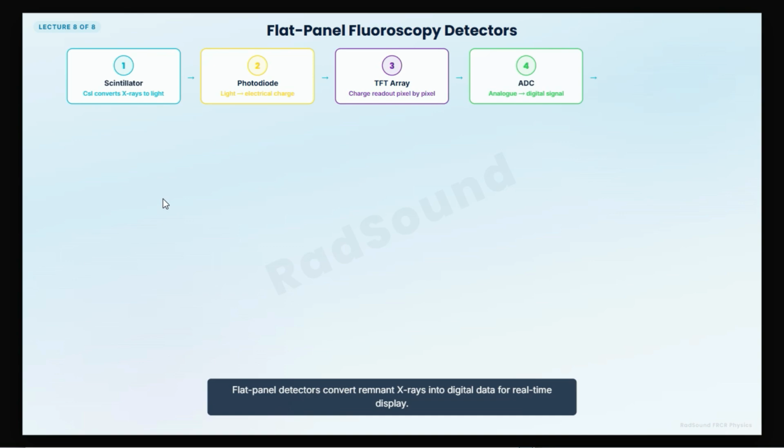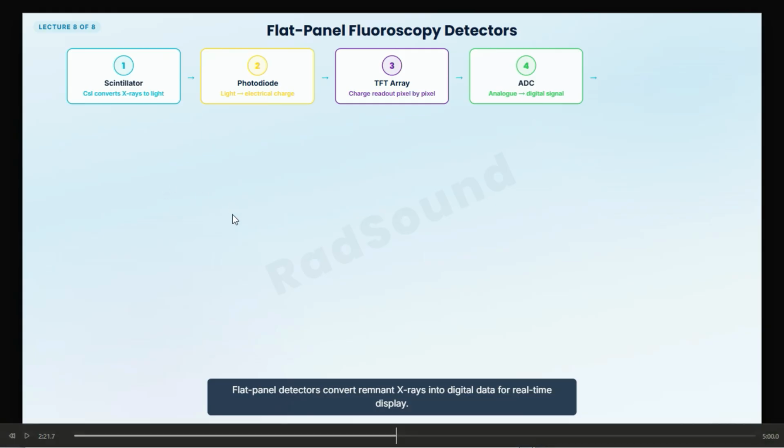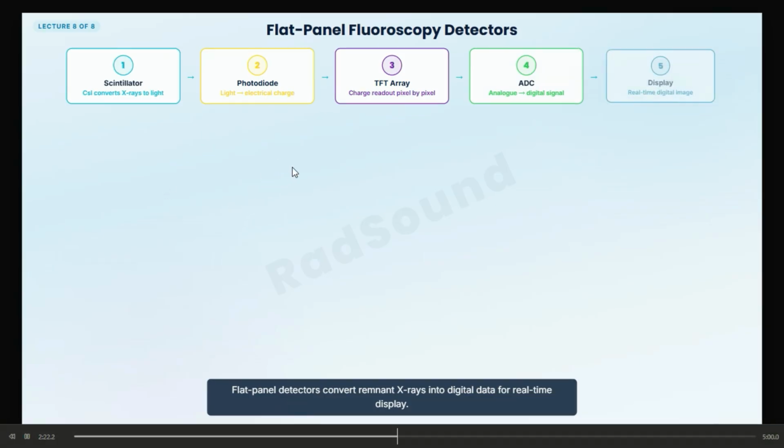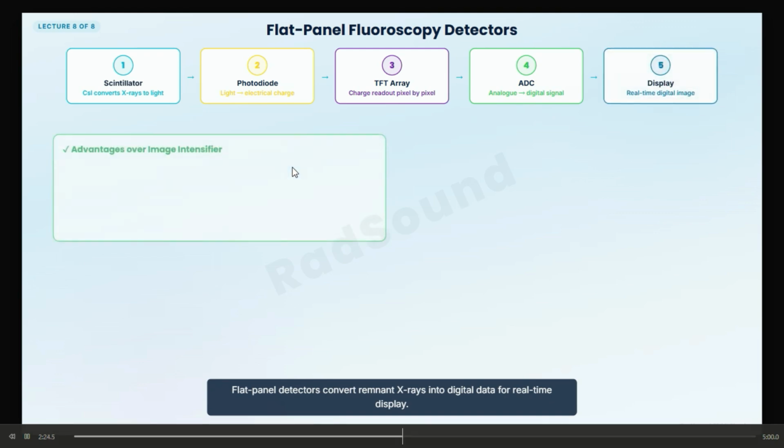Photo means light, diode means electric charge. So not a photocathode, which converts light into electrons. The light is converted into electrical charge. Then that electrical charge passes through a TFT. The TFT array reads out the charges pixel by pixel, and then using an analog to digital converter, converts them from analog to digital, and then displays the real-time image.